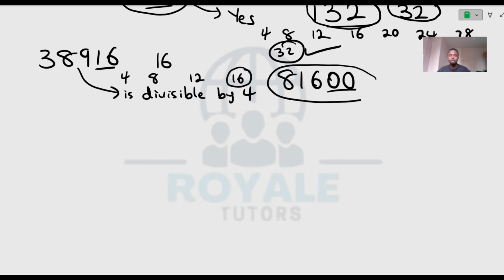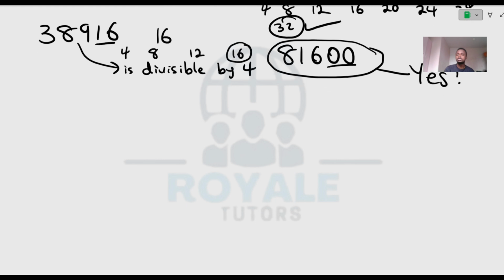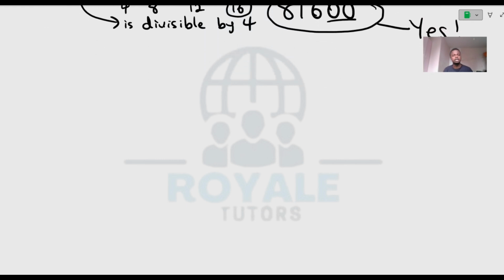Which means that 81,600 is divisible by 4. So let me give you some questions to see if you can tell me if the numbers are divisible by 4.